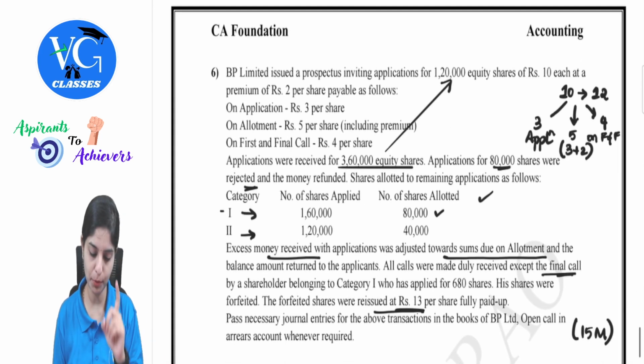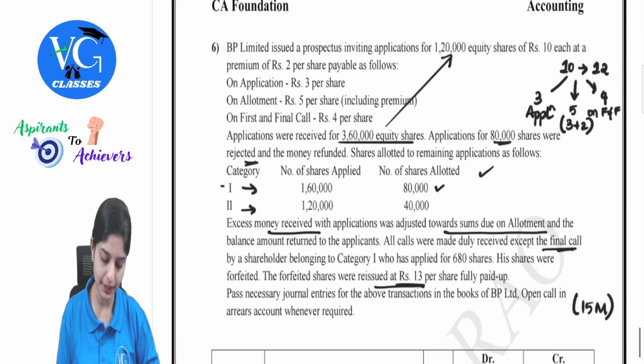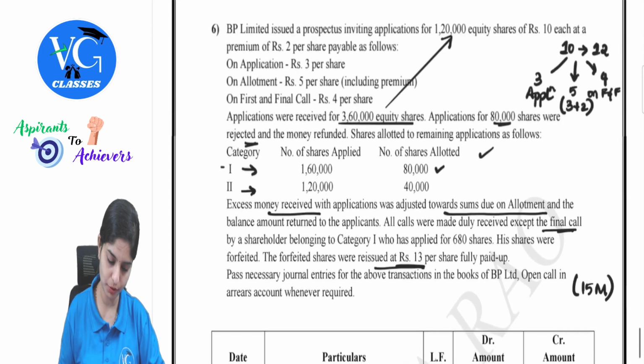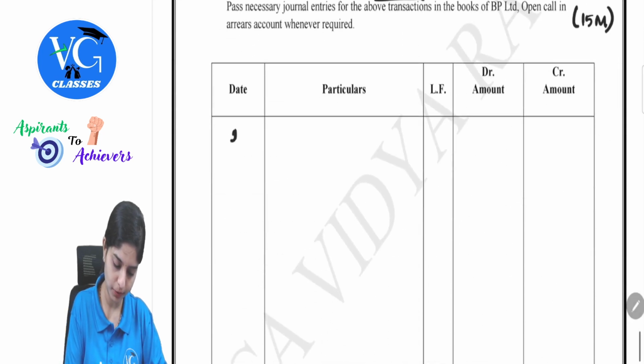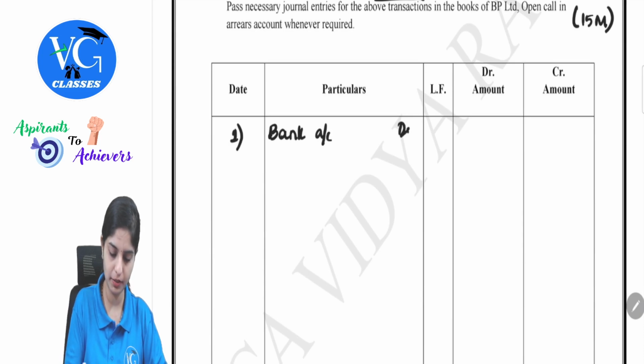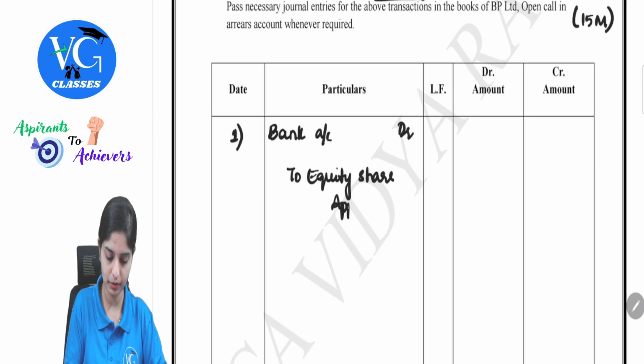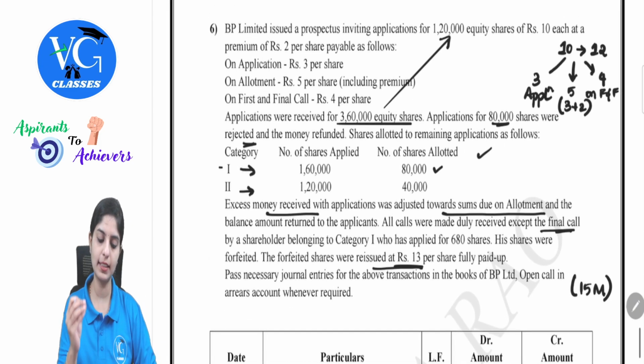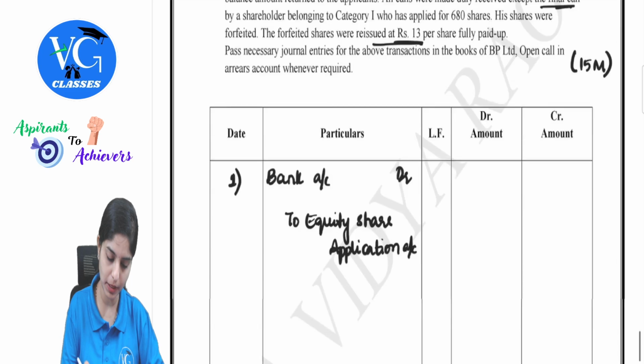Yes, there is pro rata and there is forfeiture. So first let's record the entries from application. So there is no dates mentioned. First, bank account debit to equity share application account. How much is the total application received? 3,60,000 shares into 3 rupees.